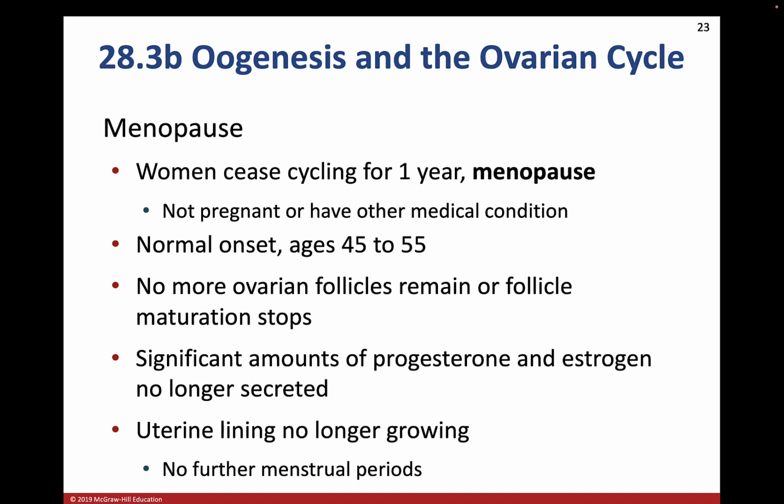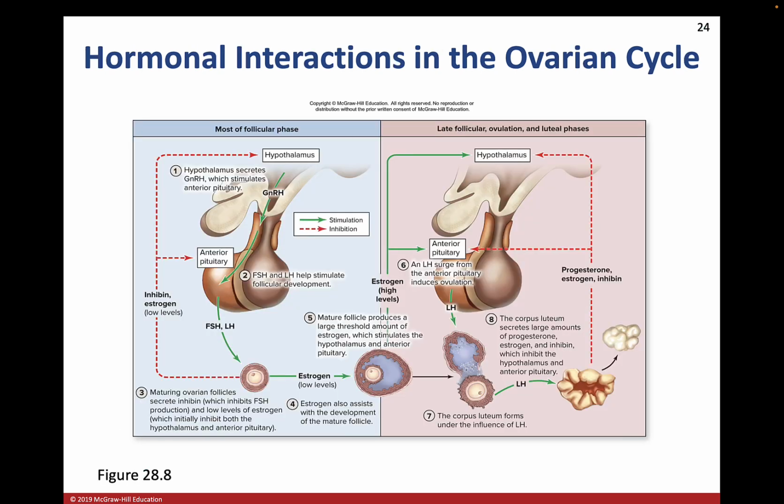There is going to be no more progesterone and estrogen because there are no more follicles. Because there is no progesterone and estrogen, we are not going to see any growth of the uterine lining. Also, this means there are no further menstrual periods.